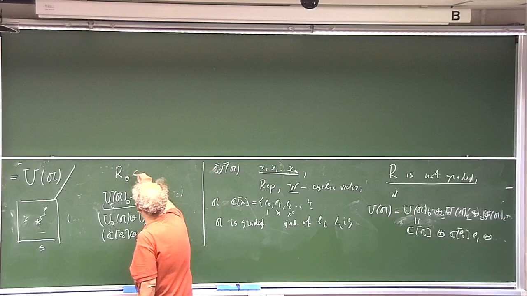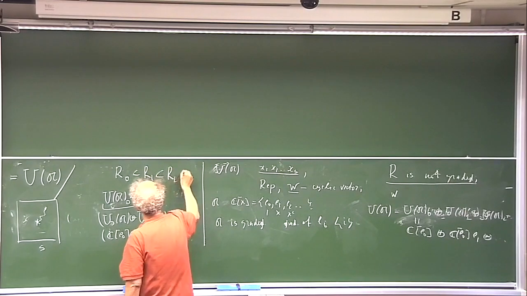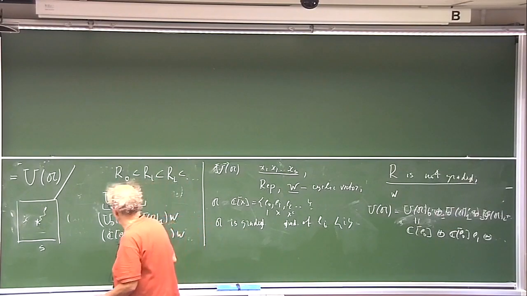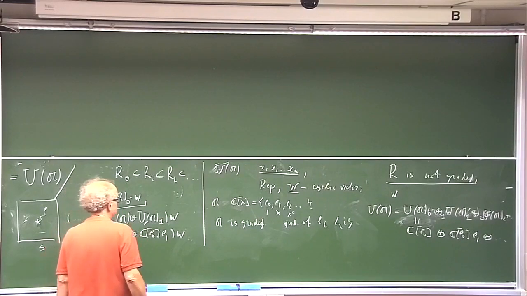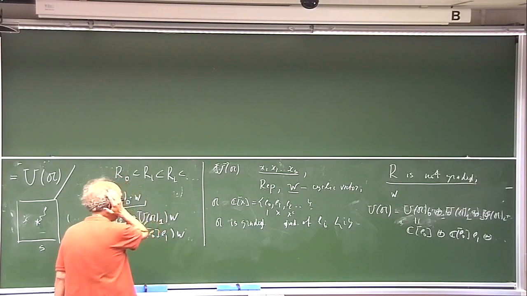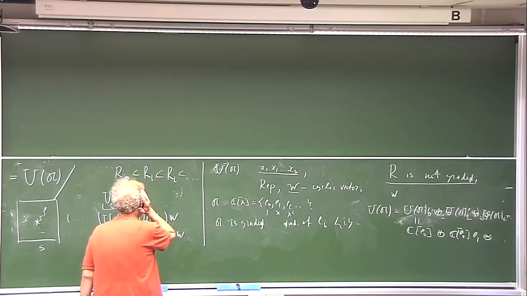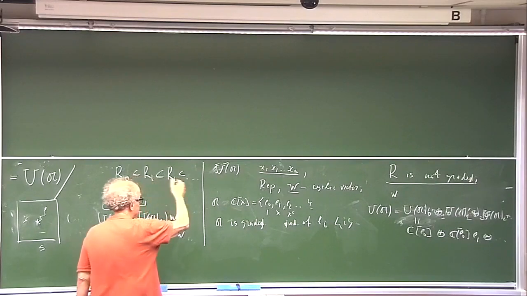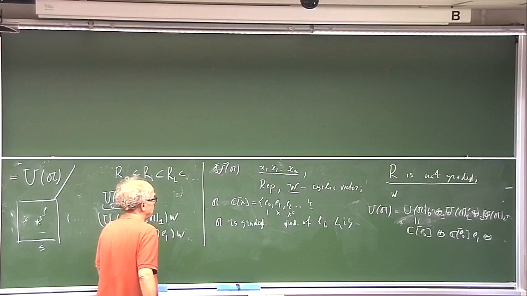This part is R1. Next is R2, and so on, and it gives me this. And it will be just a filtration on my representation. For the construction of this, I used only the fact that my representation is cyclic, and the algebra has grading, nothing more than that.